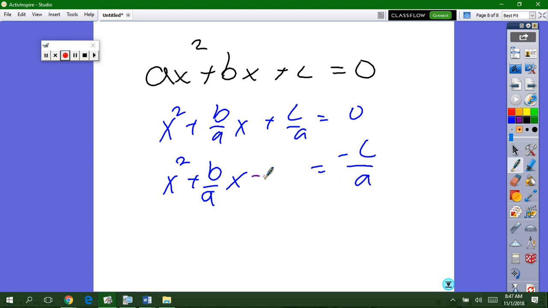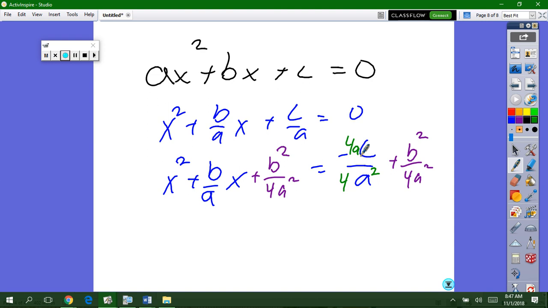So b over 2a squared is b squared over 4a squared. What I do to one side, I have to do to the other. Plus b squared over 4a squared. Let's quickly get a common denominator over here. This guy wants a 4 and another a, doesn't it? A 4 and another a.